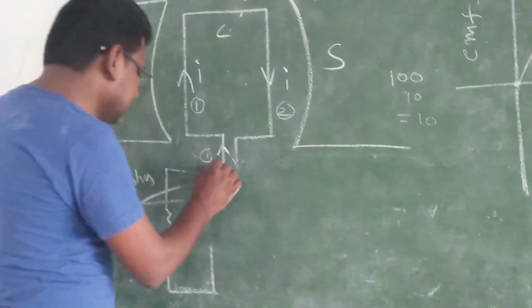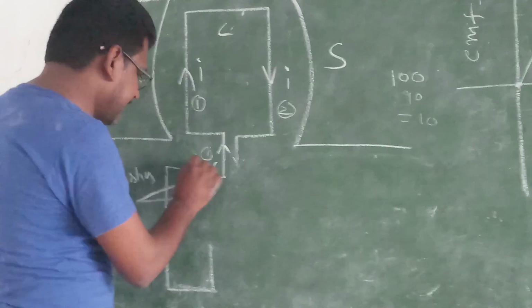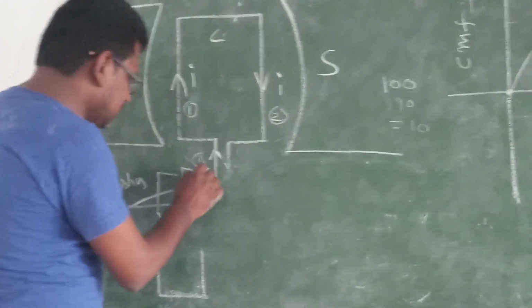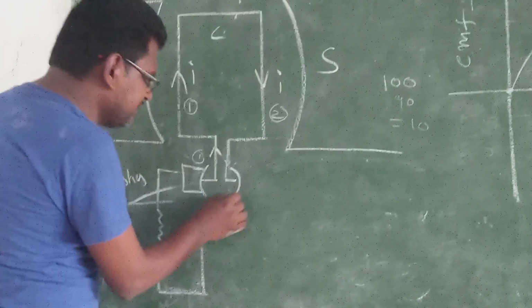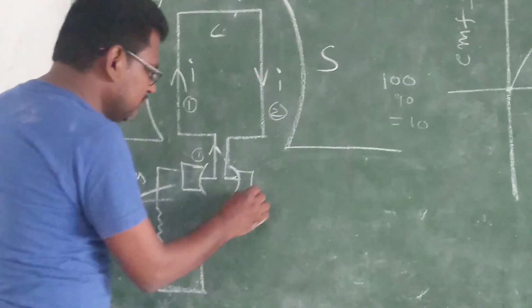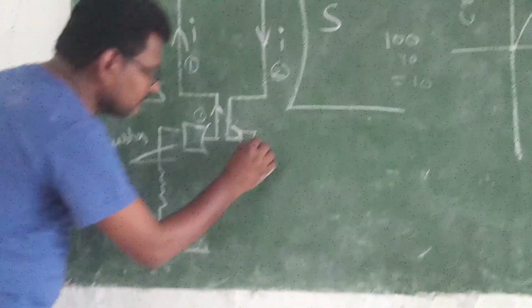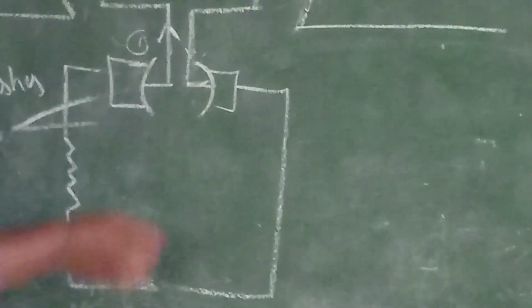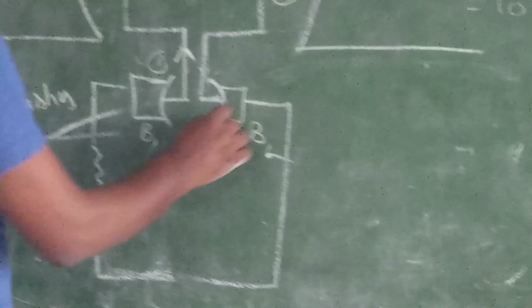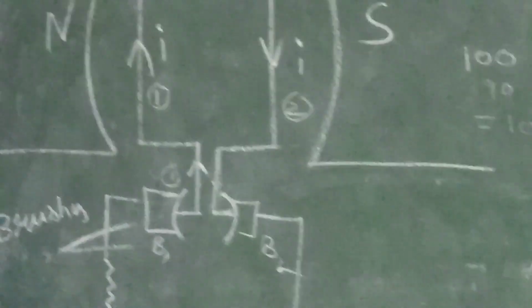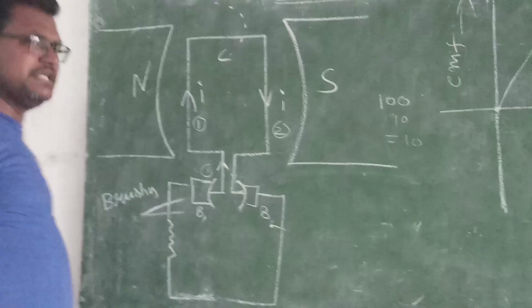See here, this is connected to a half slip ring, and this is connected to another half slip ring in this way. Let's take this as brush B1 and this as brush B2, remaining as it is. And this is a DC generator.